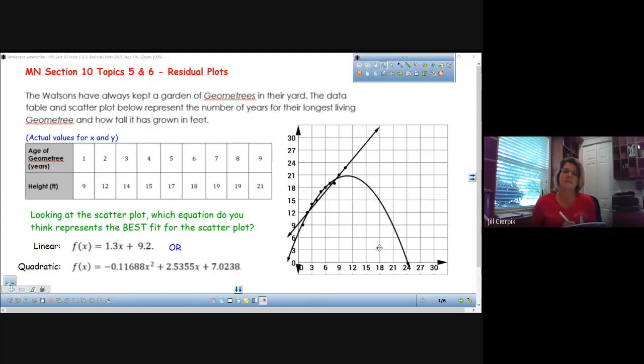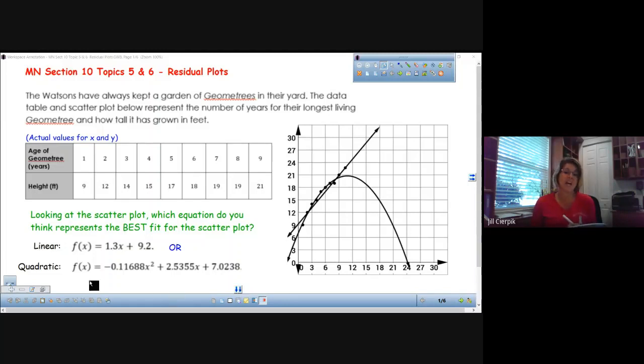I said, Mrs. Whirl, I think that I could draw a line through the center of this data, and I think that a line, a linear model, would be the best type of equation to represent this relationship. And maybe Mrs. Whirl said, you know what, I kind of see some sort of curvature here, and I kind of think that it represents more of a quadratic relationship.